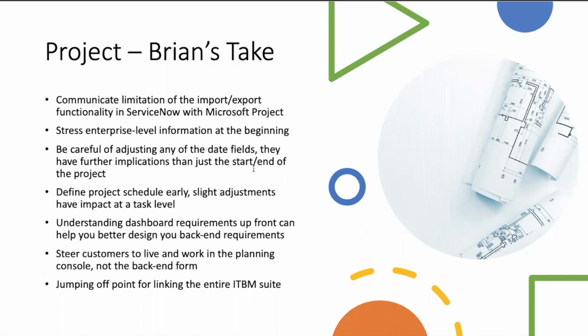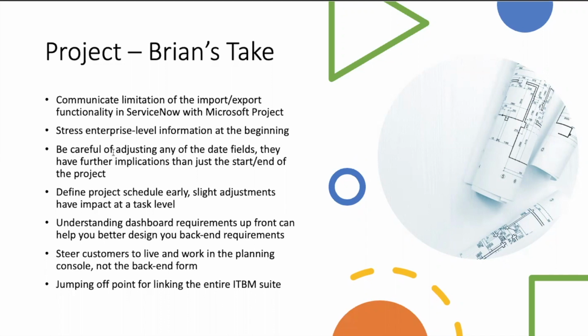Again, adjusting the date fields, especially for plan start and planned end, typically cascades into other tasks. We have clients that want to change the names of them and change the schedule. And changing that in the plan start and end dates really has repercussions in all of your tasks.